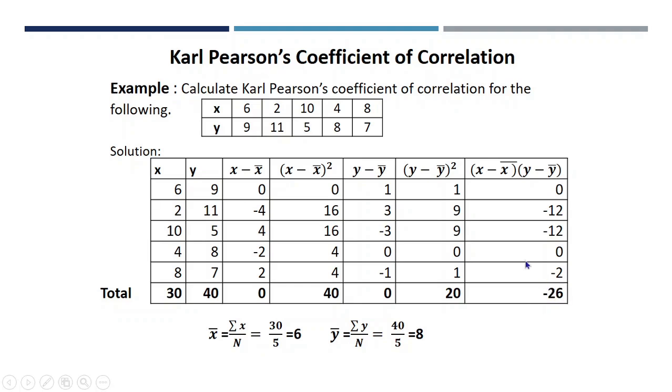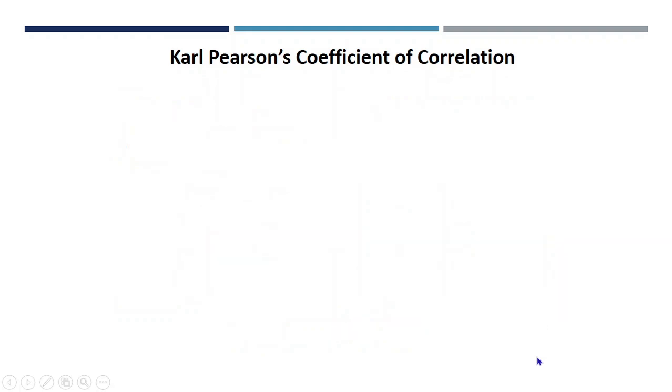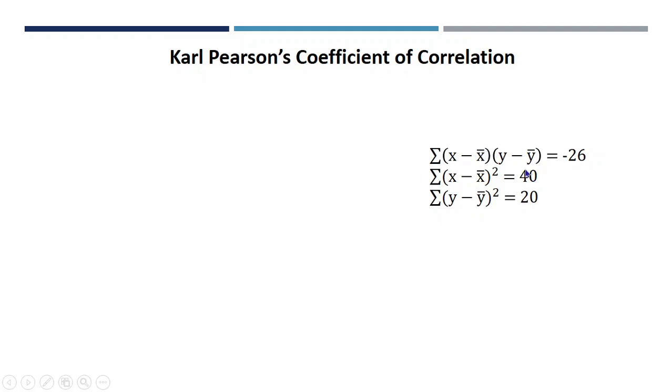Now by substituting these values, sigma (x minus x bar) squared, sigma (y minus y bar) squared, and sigma (x minus x bar) into (y minus y bar) in the formula for correlation coefficient, we have sigma (x minus x bar) into (y minus y bar) is minus 26, sigma (x minus x bar) square is 40, and sigma (y minus y bar) square is 20. So r is equal to sigma (x minus x bar) into (y minus y bar) divided by square root of sigma (x minus x bar) square into sigma (y minus y bar) square.